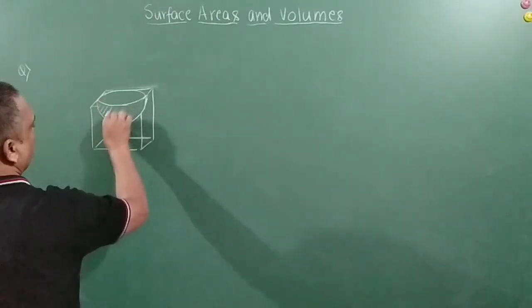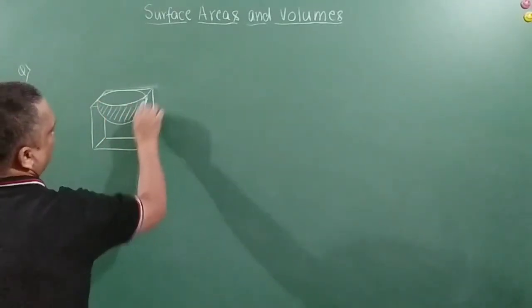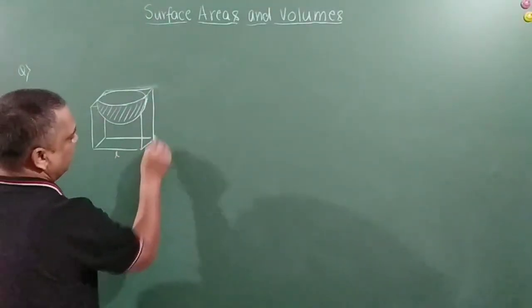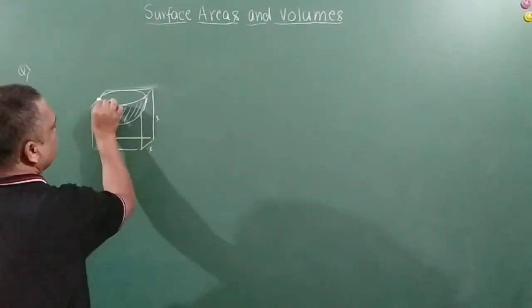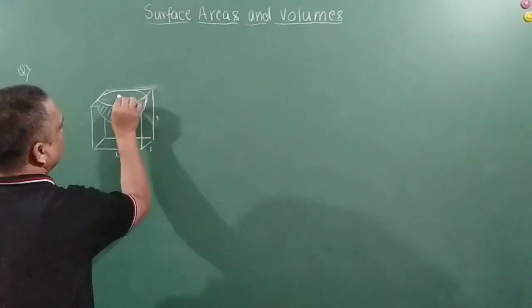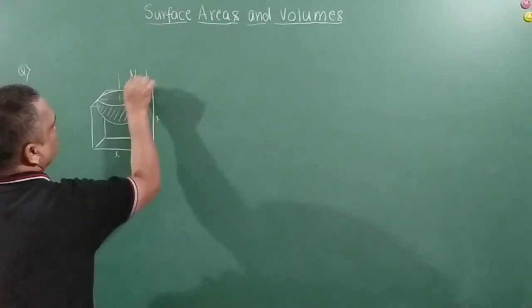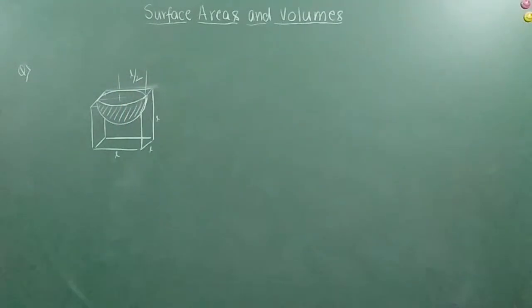These things I have removed. I have removed this much from the cube. Side is L, L and L, and this dia is also L. From here to here it will be L by 2. Right? We are expected to find the surface area of the remaining solid.